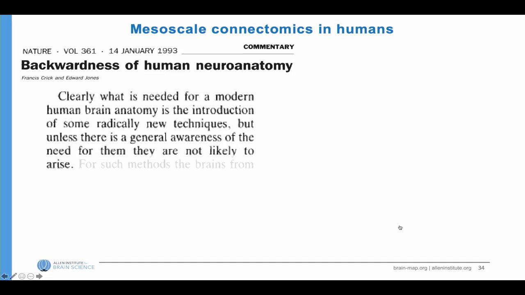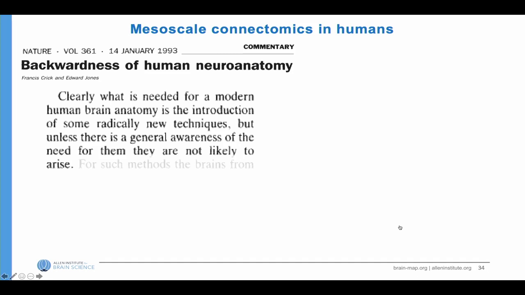It was an impassioned commentary in Nature, written with Ted Jones, the late Ted Jones, who's one of the great anatomists of the 20th century. The impassioned plea was: what is needed for a modern human brain anatomy is the introduction of some radically new techniques, but unless there's a general awareness of the need for them, they're not likely to arise. So that was a call in 1993.